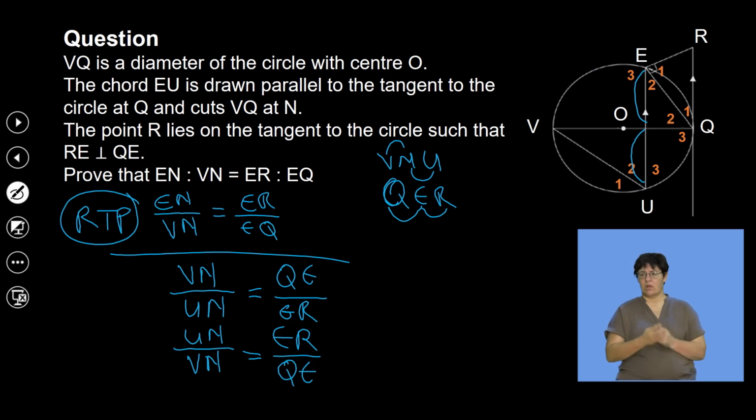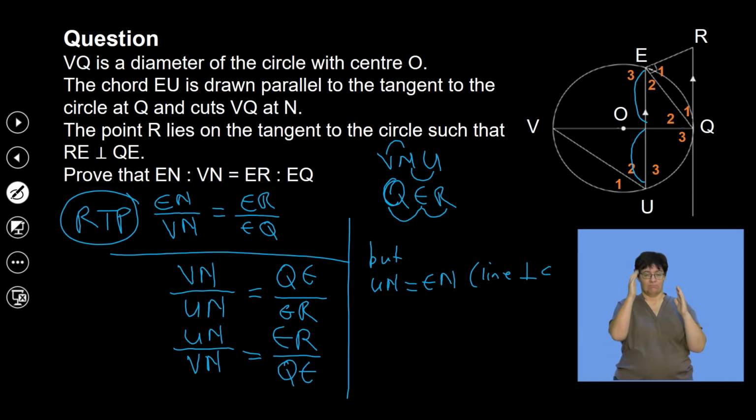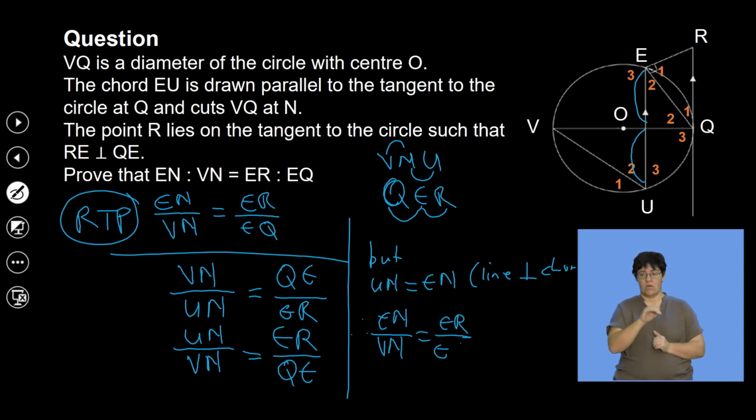And then before you can solve this, you will say, but I know that my UN is equal to EN, and my reason for this will be line drawn perpendicular to chord. Therefore, EN over VN is equal to ER over, I will just write this as EQ so that you can just see what it is. And then you would have proven what they wanted you to prove.